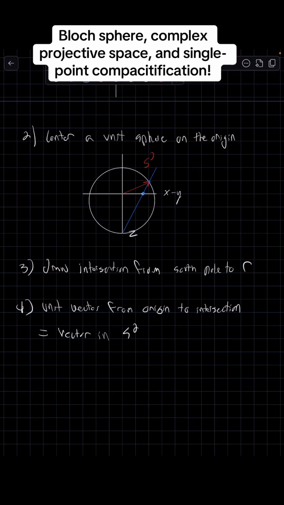Which means we have any number of points. For example, we can have an R2 here, and this is just a 2D drawing.